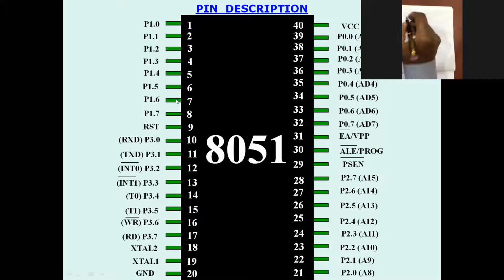In P0.0, P0.1, P0.2, all are connected like this, similarly P0.7.